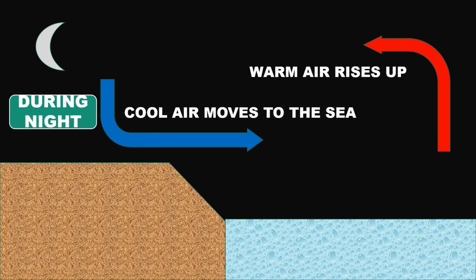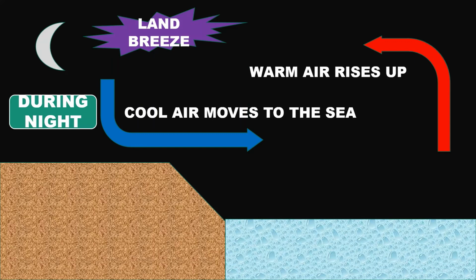That rose up, creating a vacuum, and the cool air from the land blew in to take the place of the vacuum created. And this phenomenon is known as the land breeze. Land breeze is also called offshore wind, as it is moving from the shore towards the water body.